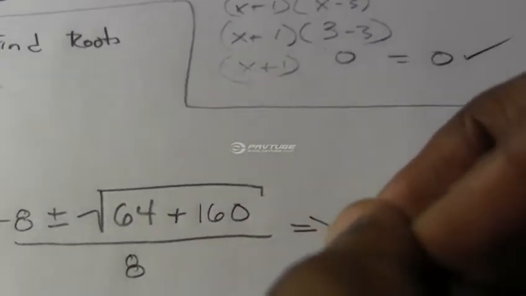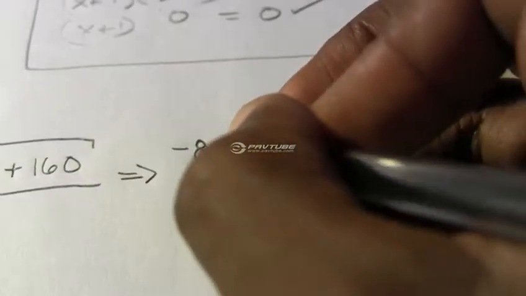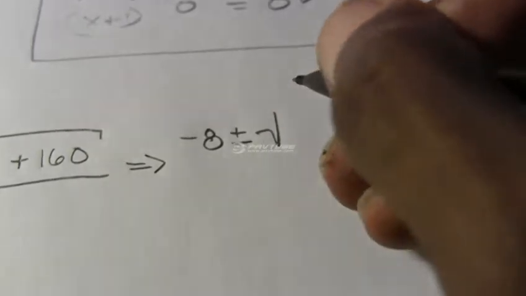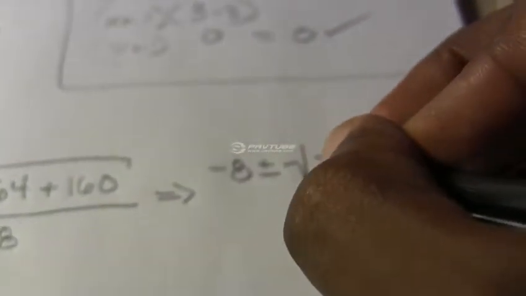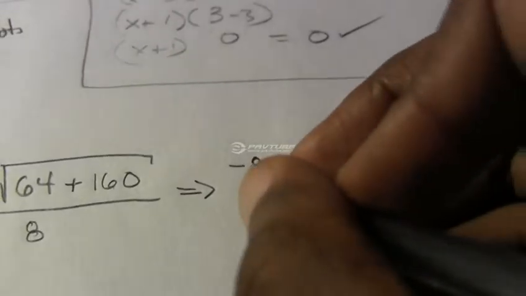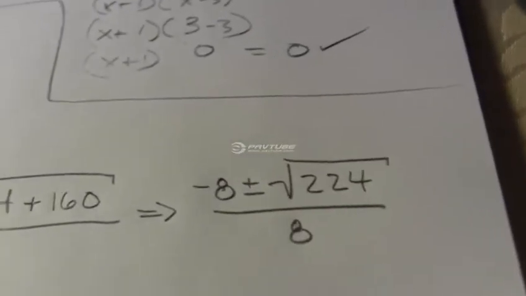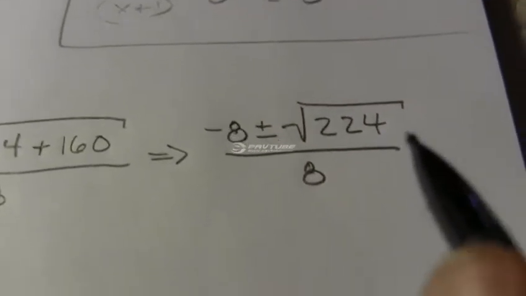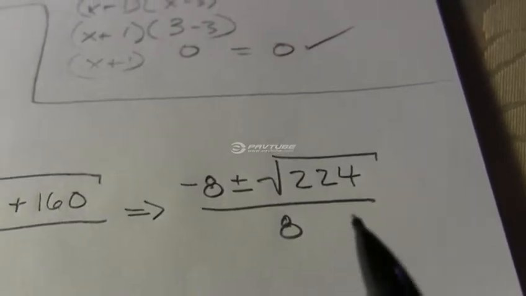Alright, move one more row over. Still got this negative 8, plus or minus. Now we've got the square root of 64 plus 160, which is what, 224? Alright, over 8. Now, different teachers will have different methods or different opinions of how things have to cancel out.